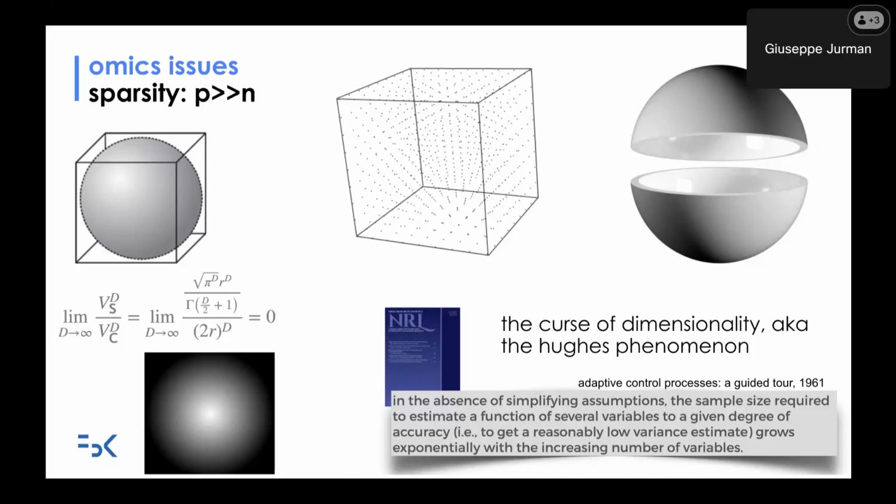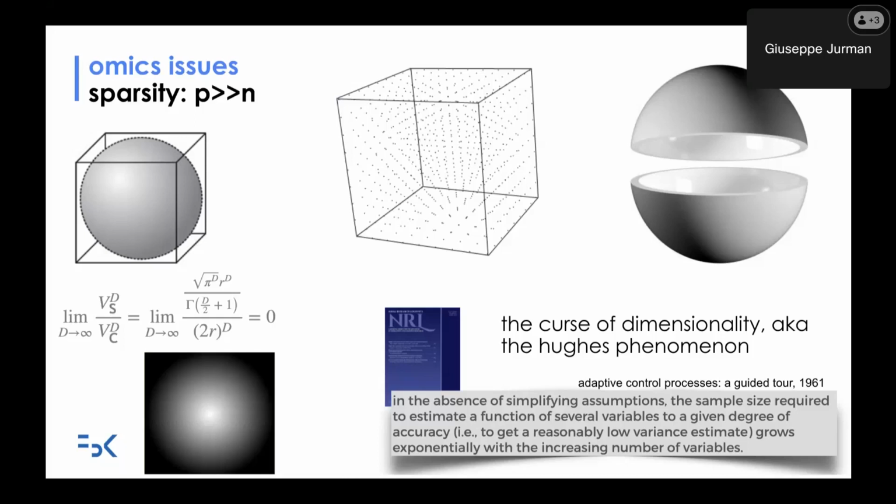This is really, really counterintuitive, if you want. And this is represented by the image on the bottom left, okay? The black part represents the distribution of the mass of the hypercube, which is concentrated on the corners, while it's quite empty in the middle.